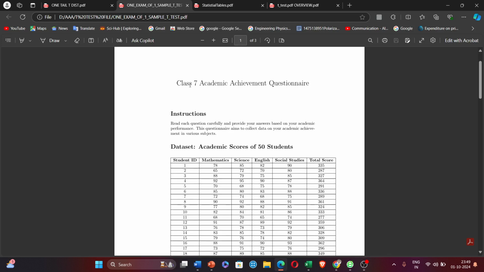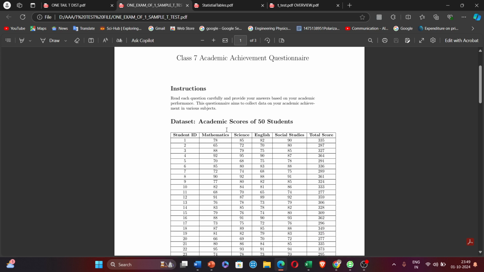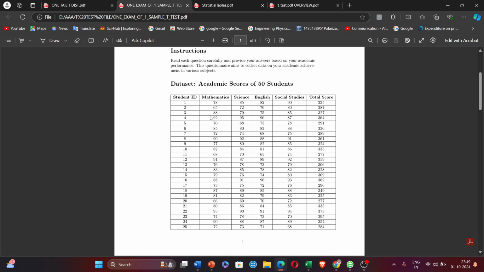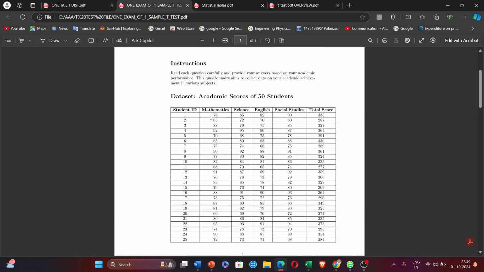There is a class 7 academic achievement test. I have taken the academic performance of the students, and in mathematics I have taken the scores of 50 students overall.